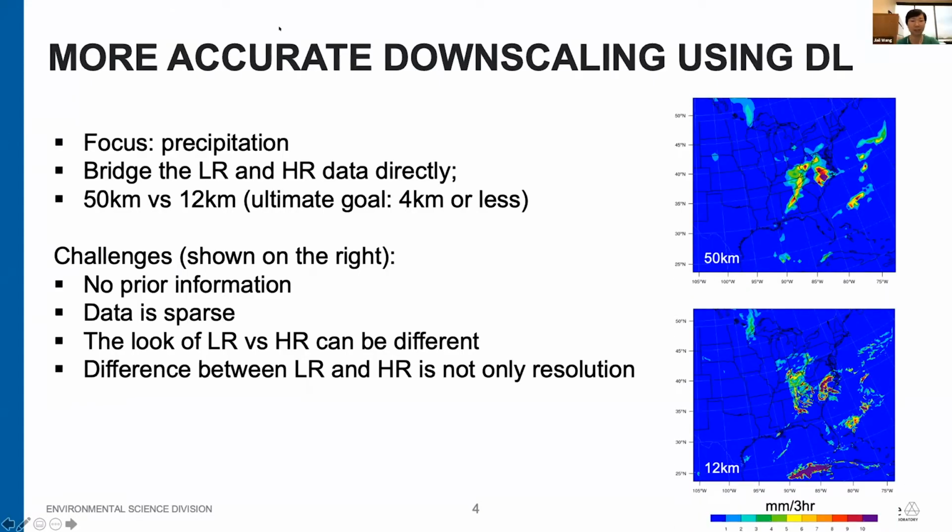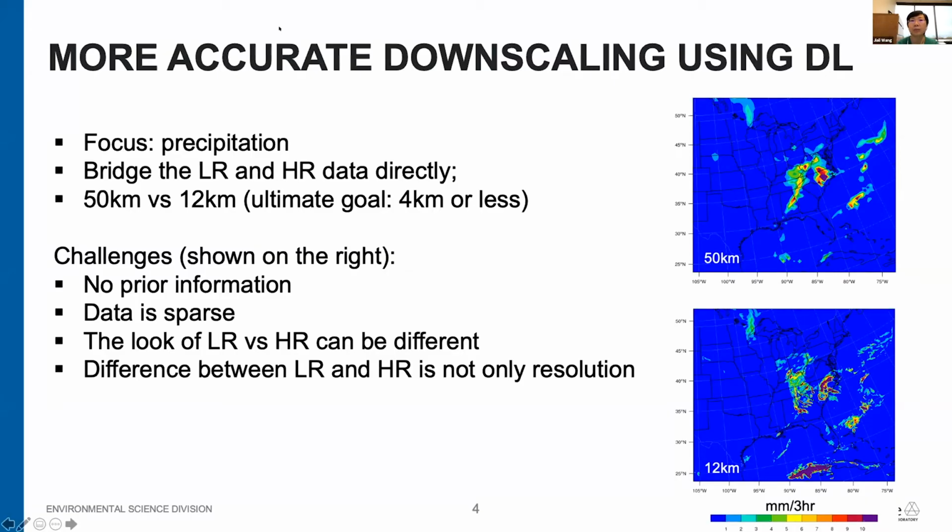Yeah, that's good. Thanks. So you can see on the right those images, which are 5 kilometer and 12 kilometer. You can see the difference between those two images, which are from exactly the same time step. They're not only different in resolution. In other words, we are looking at a problem that is not dog to dog or cat to cat.